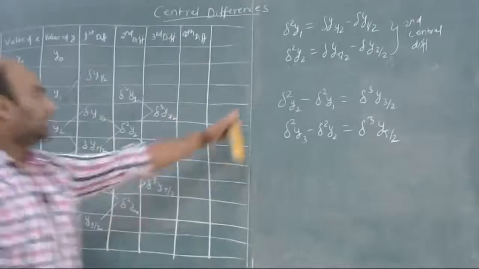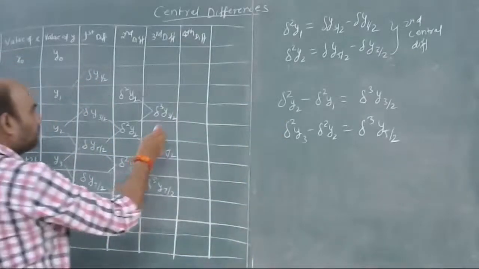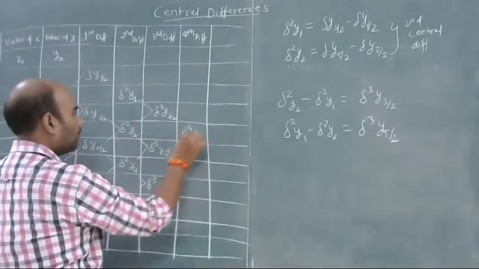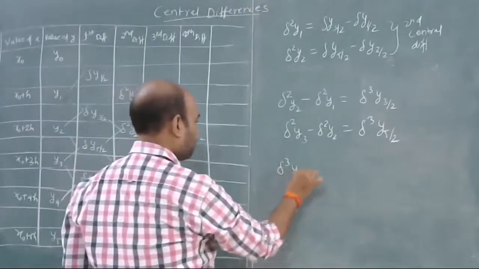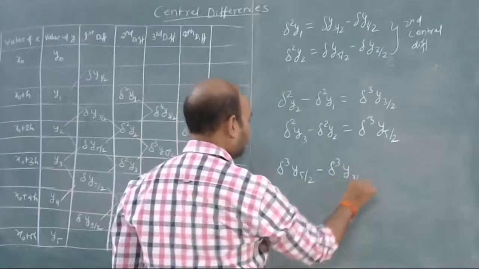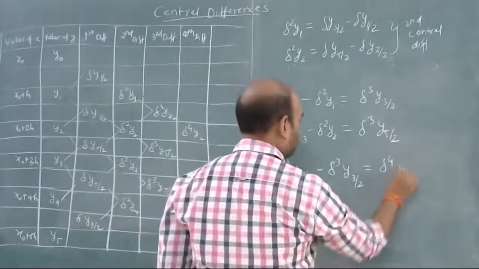So this is third central difference. So this will be del to the power 4 y2: difference of del cube y5/2 minus del cube y3/2 is equal to del to the power 4 y2.